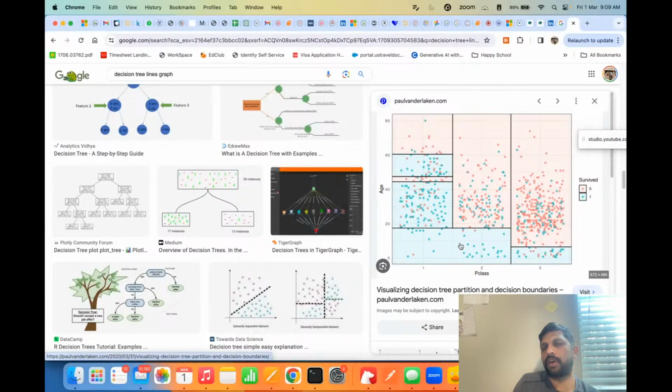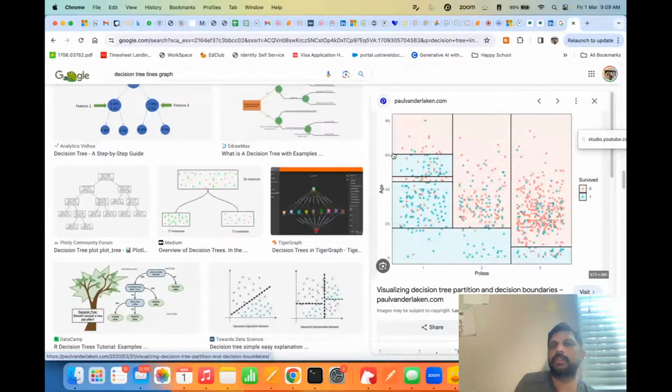This being majority blue, he left it like this as this one, and for these he has drawn this line, and he classified them into two parts. All of this is into one part, all of this into one part. And again, for this he has further classified by drawing lines into sub pieces, kind of.